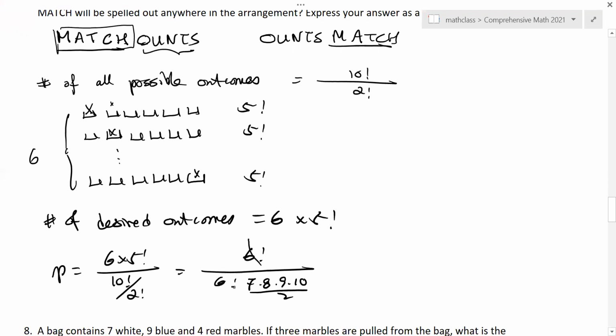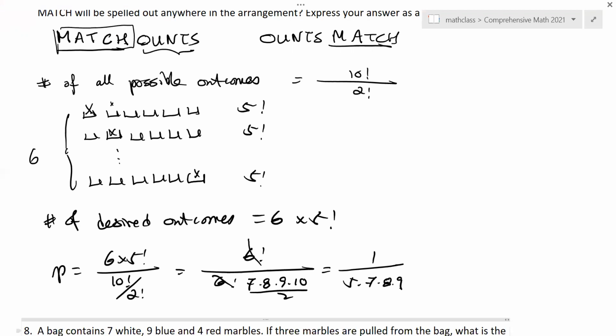So 6 factorial is canceled out, and 10 divided by 2 is 5, so it's 5 times 7 times 8 times 9. You can use a calculator to multiply this out. Right, this is a very small probability.